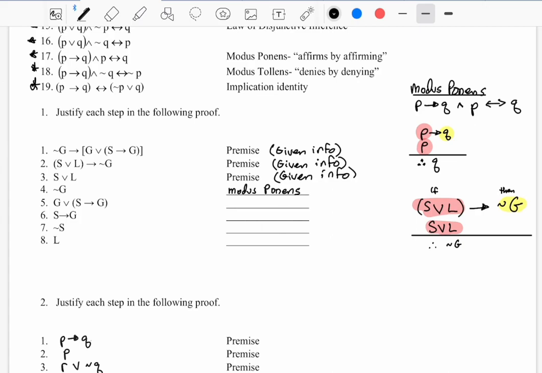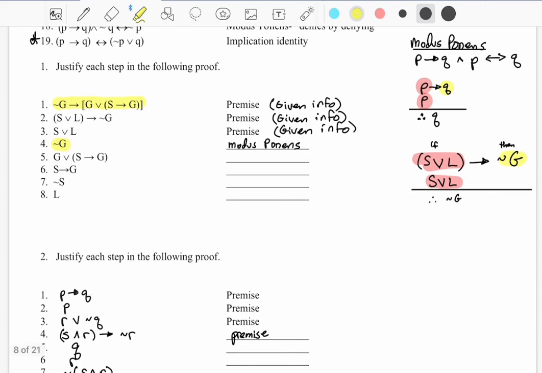So I'll show you. If we look at the not G and apply that to that first statement there, we're looking at really the same thing.